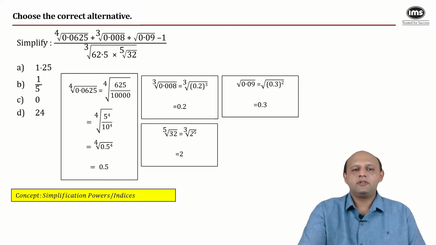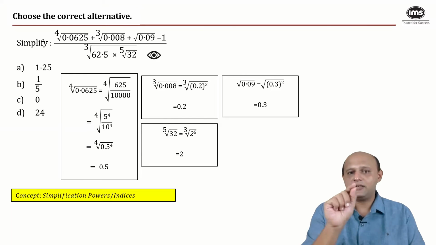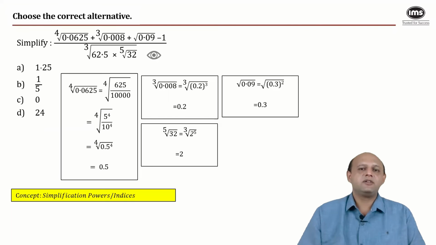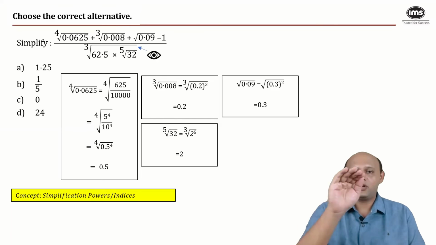Now, what you need to observe here is, because one might be in a hurry, if you look at the denominator, that extends beyond 62.5 all the way up to 32. The cube root is not just limited to 62.5. If you note this carefully, you will realize that it is extending beyond that for the entire set of values in the denominator.